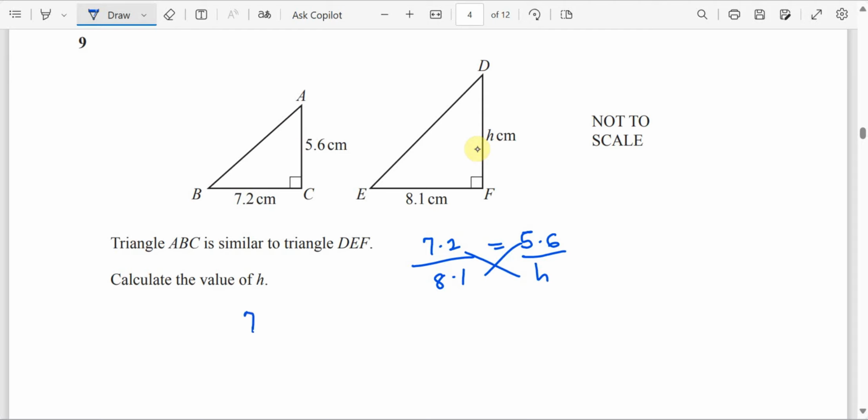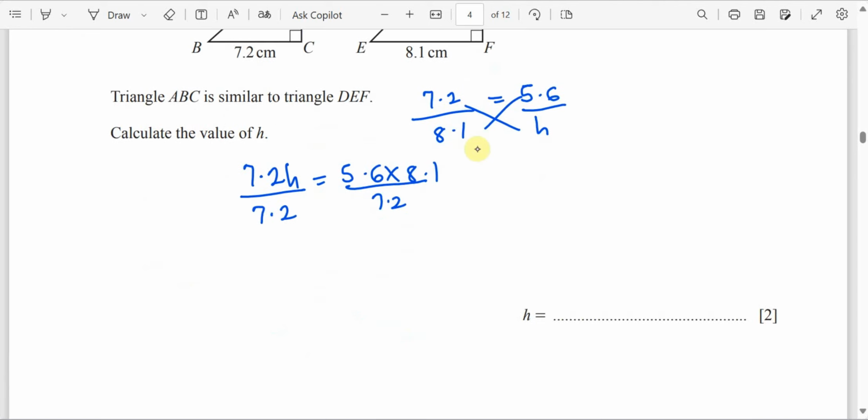So we have 7.2H equals 5.6 times 8.1. We divide through by 7.2. When you use your calculator here, of course, this will cancel out. So H equals, with the use of calculator, you have your H as 6.3.